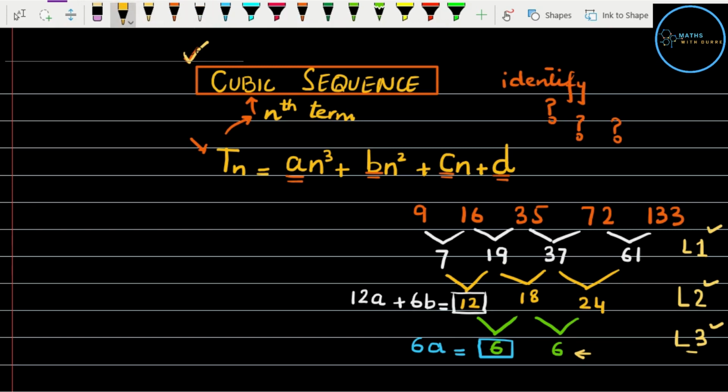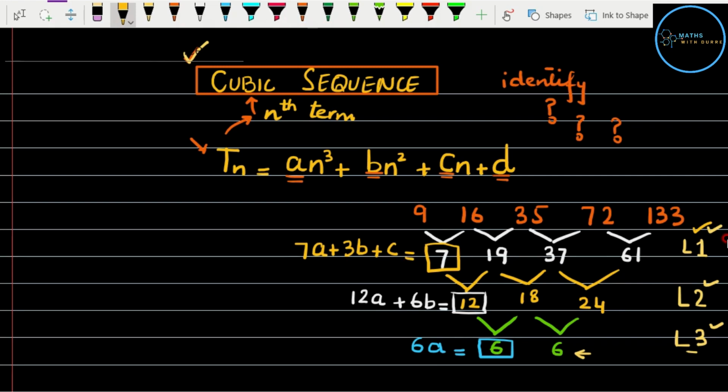And what about this one? This is the first difference of layer 1. So you have to make it equal to 7a plus 3b plus c.